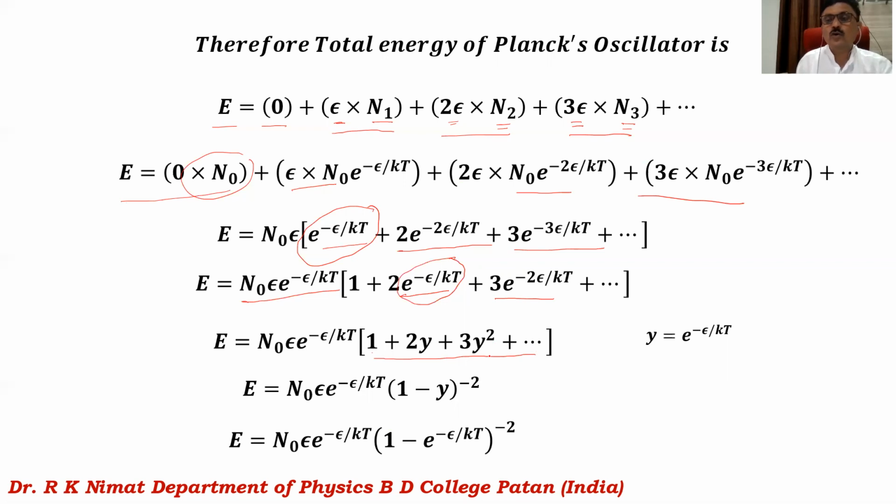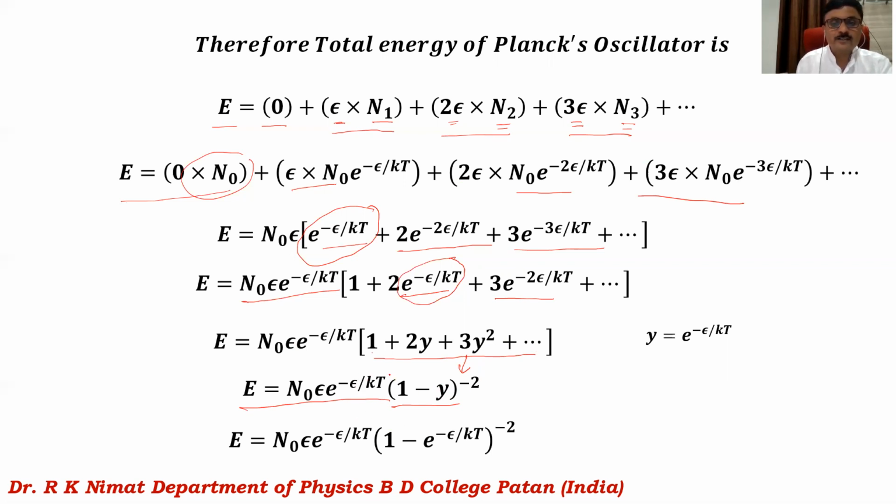And this 1 + 2y + 3y² is nothing but the expansion of the series (1 - y)^(-2). So you will get the total energy of all the oscillators as E = n0 ε e^(-ε/kT) (1 - y)^(-2).